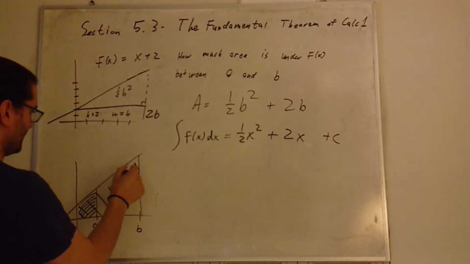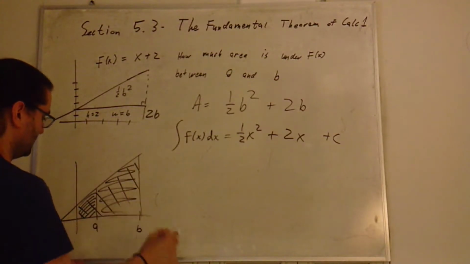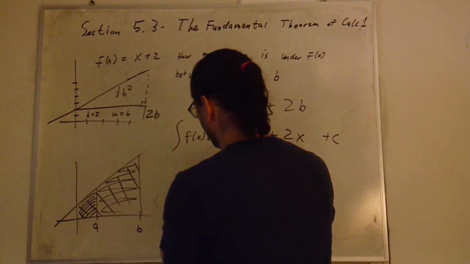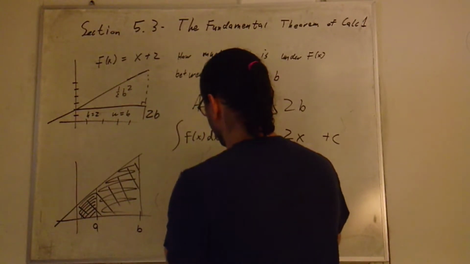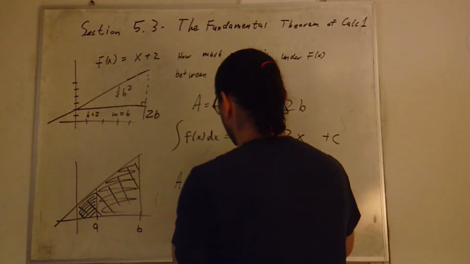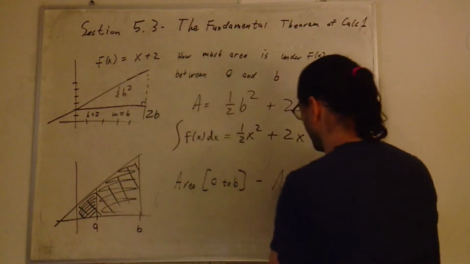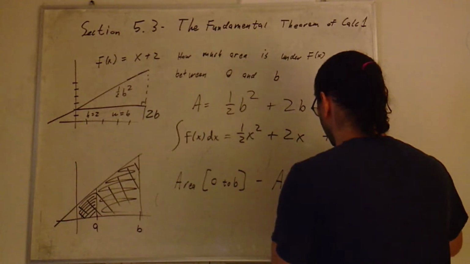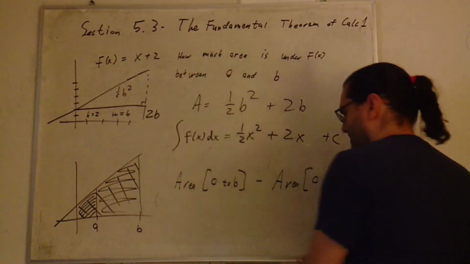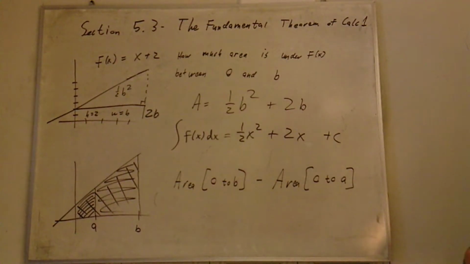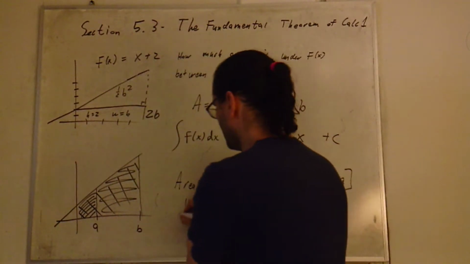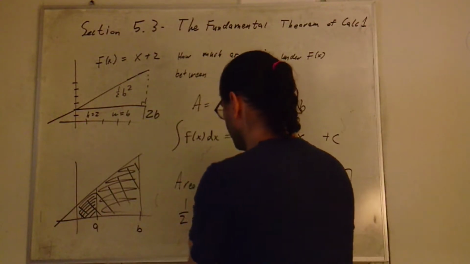And this area that we actually want is what happens when you do the area from 0 to B minus the area from 0 to A. And we know the area from 0 to B is 1/2 B squared plus 2B.